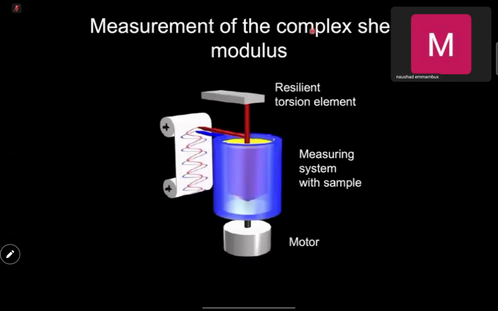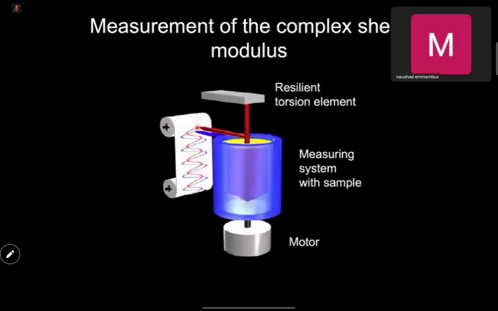Okay, so when we measure a viscoelastic material, what happens in a real rheometer, for example, is you can have a motor here that applies a certain strain, and the stress is measured.